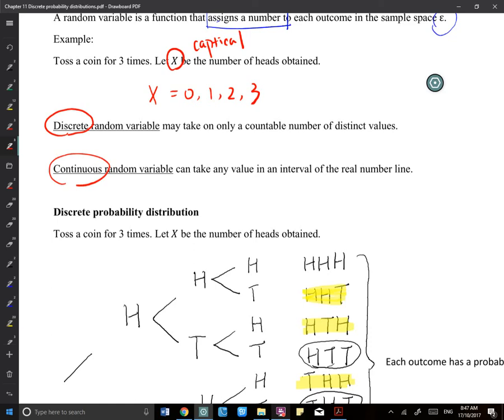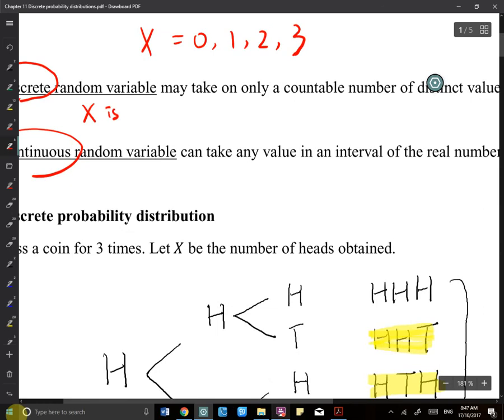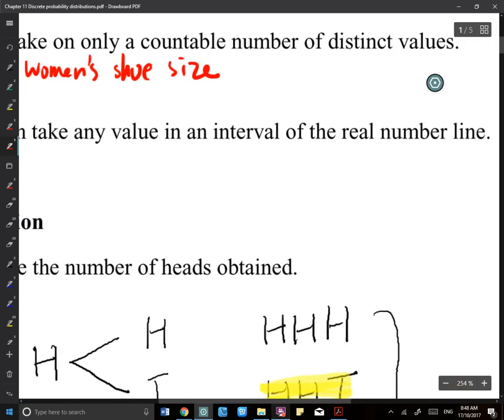So if x is the random variable, RV is called random variable, for women's shoe size, what could x take?